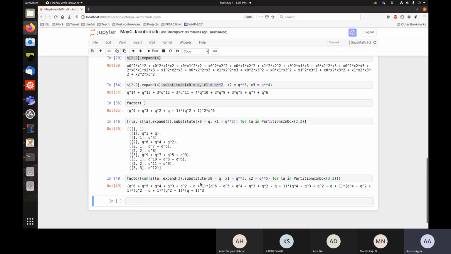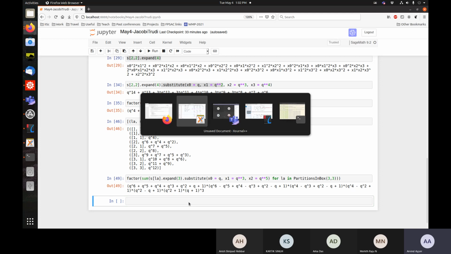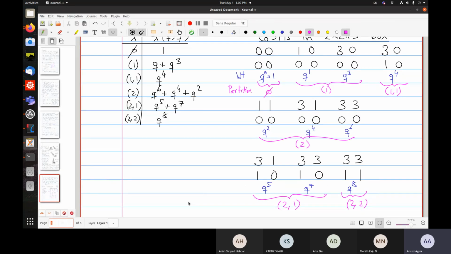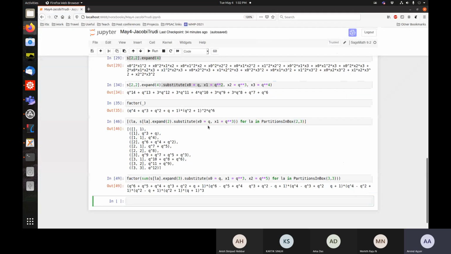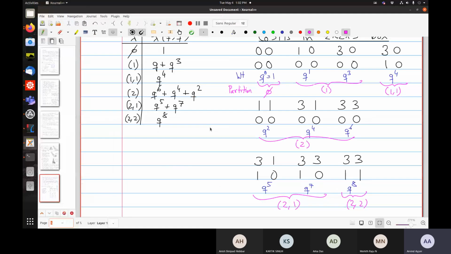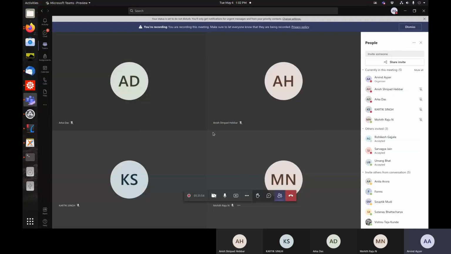So that's the second lemma needed to complete it. Okay, any questions? You can state it, but it's better to do it from start in the next class. Okay, if there are no questions, I'll stop recording.